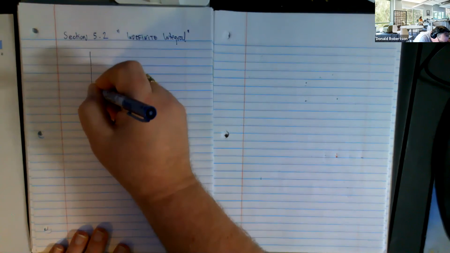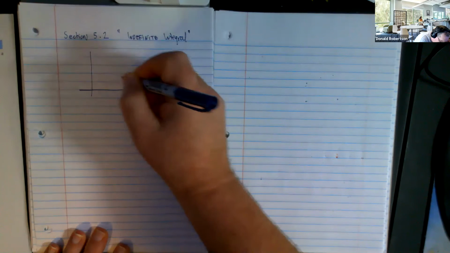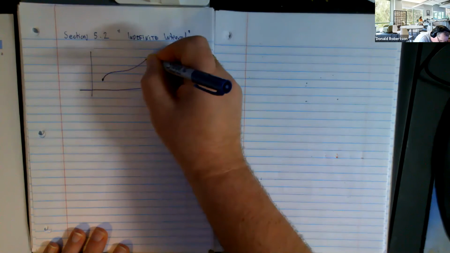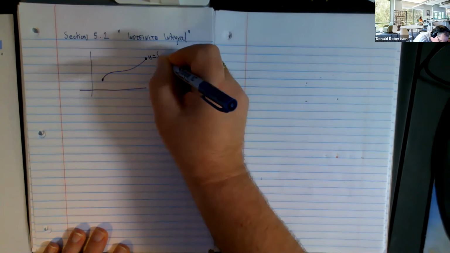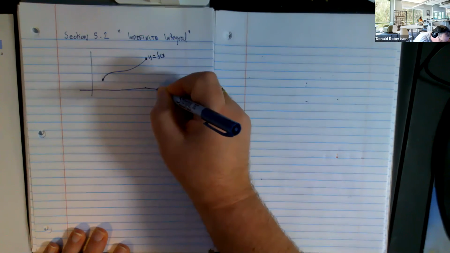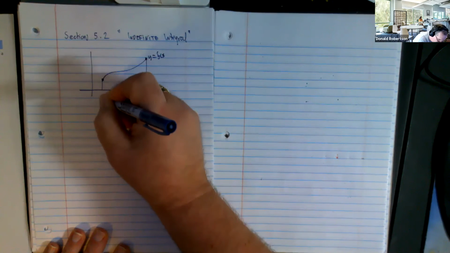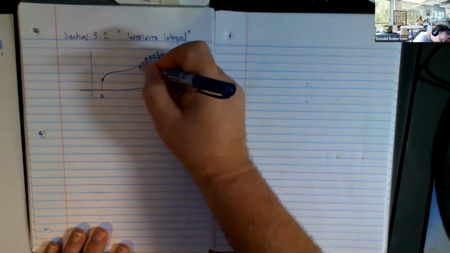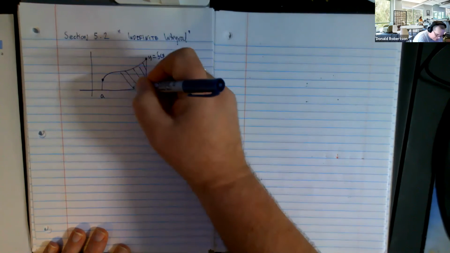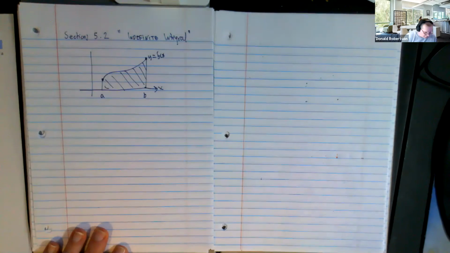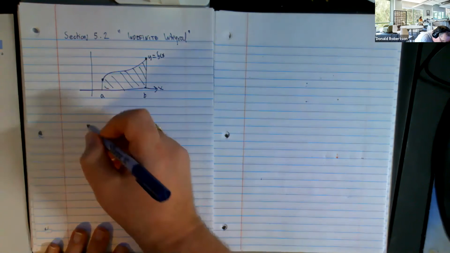Now, can you imagine a function y equals f of x? There's the start and the finish. And we want to find the exact area under the curve.